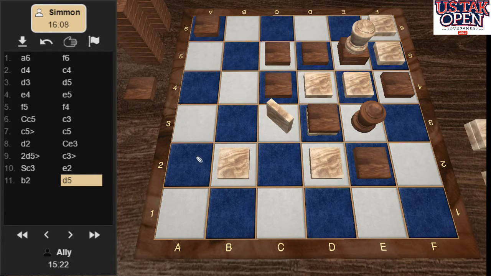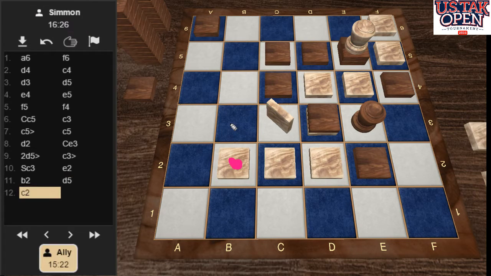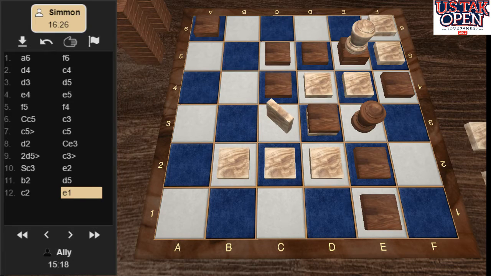So from here, with this B2 move, to me it looks like Simmon, and now with C2, he's looking to expand his play to other sections of the board. Because Ally has done a really good job of just getting his pieces over here. He's really clogging up this top right section of the whole board. Now, I don't see that building into an attack threat.